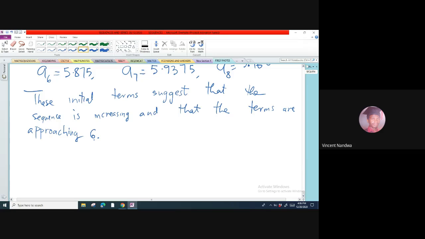This is what you can see from these initial terms.